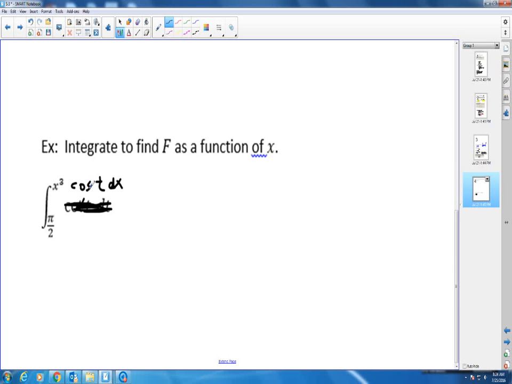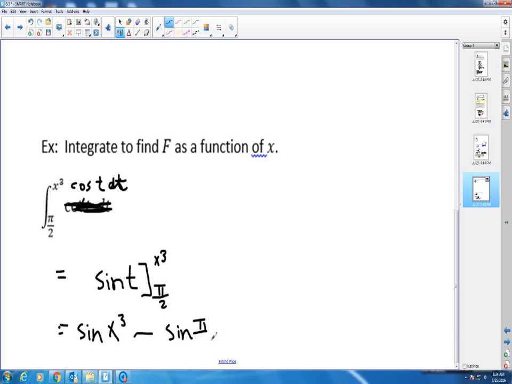So the integral of cosine of t dt, again, that will give me sine of t. Evaluate from pi over 2 to x to the third. This is going to be sine of x to the third, substituting x to the third for t, minus sine of pi over 2.